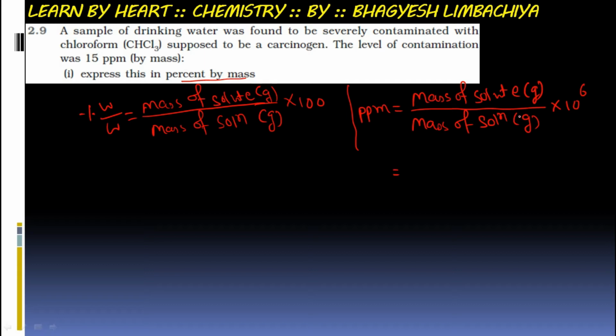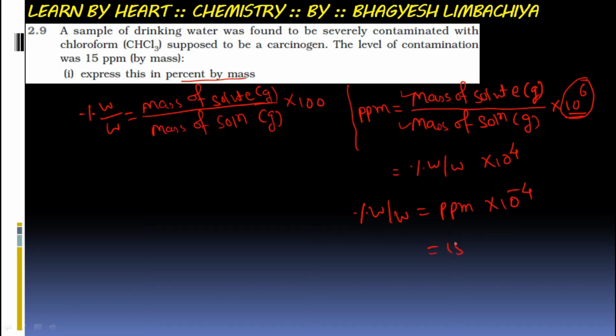So if we take 10 raised to 2 and these two terms, then here we can write percentage W by W, and 10 raised to 2 is removed from 10 raised to 6, so it will be 10 raised to 4. So percentage W by W is easily calculated by the formula percentage W by W equals ppm into 10 raised to minus 4. ppm is 15, so 15 into 10 raised to minus 4. So this is our answer.